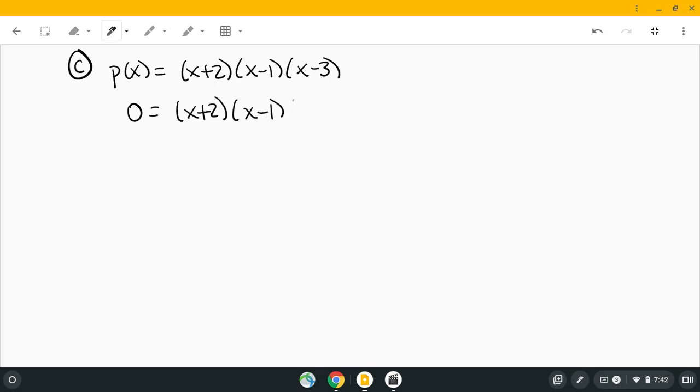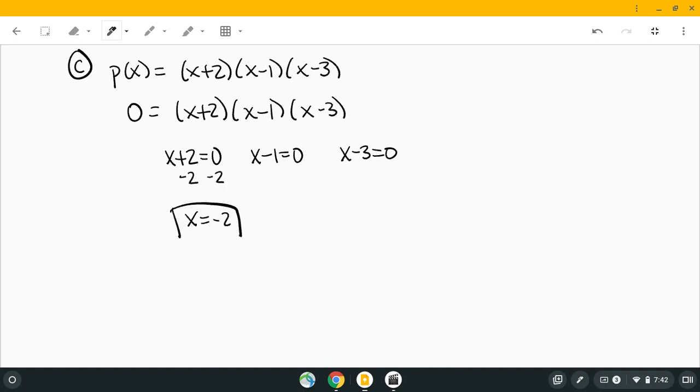Okay, suppose you have this polynomial, p of x equals x plus 2 times x minus 1 times x minus 3. Okay, so we let y be 0. And this is nice because it's already factored for us, so we don't have to do much work. All we have to do is take each factor and set it equal to 0, and then solve. Subtract 2 on both sides, so x equals -2.